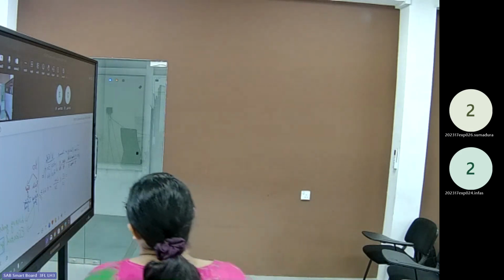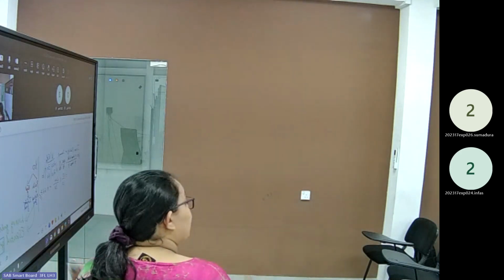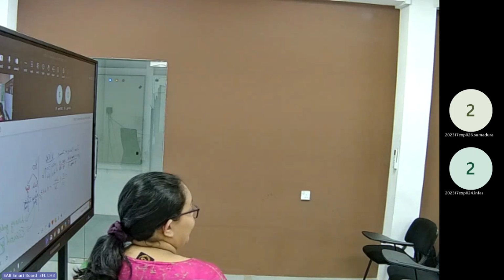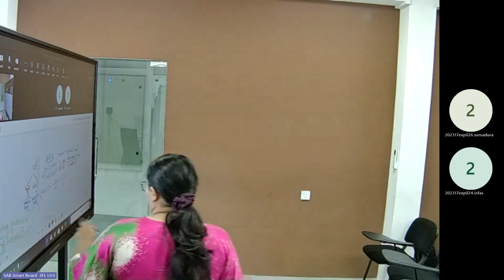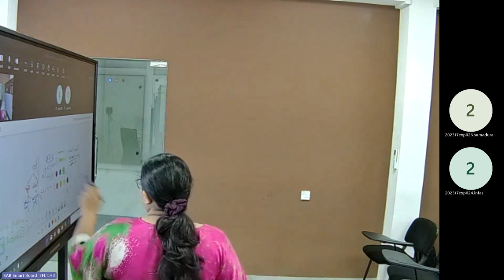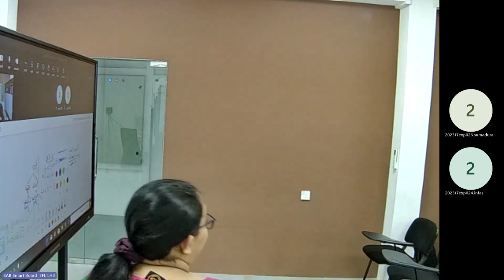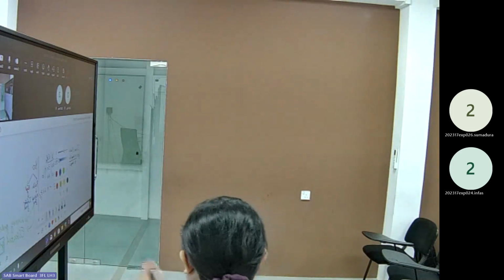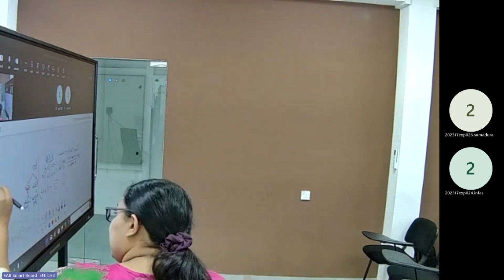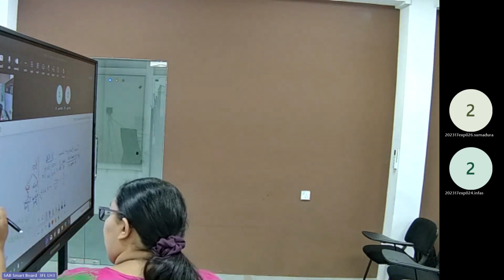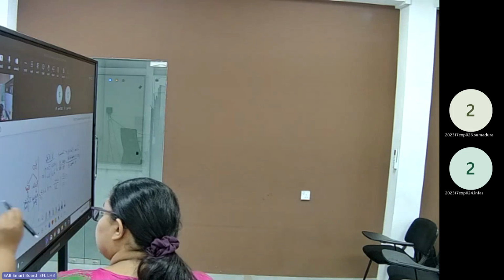Luxury and essential goods. Now, how do we differentiate luxury versus essential? For that, we need the values, right? Not just positive, negative. We need the exact values or the numbers.